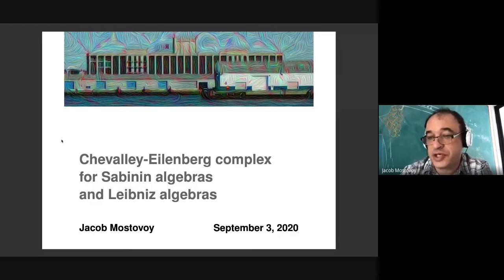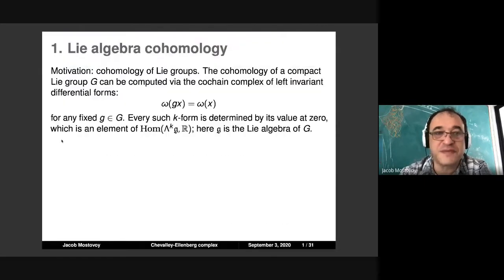One is one possible definition of cohomology for Sabinin algebras, and the other one is an explanation of what a Leibniz algebra is. And these two subjects may seem to be quite different, but it turns out that they're very closely related. Well, especially since we're operating on the level of definitions.